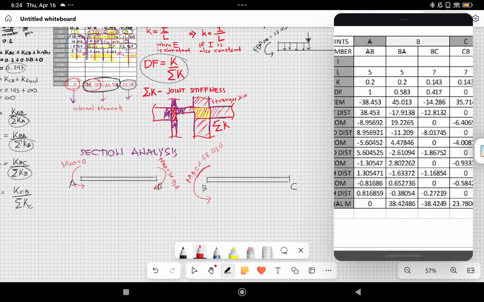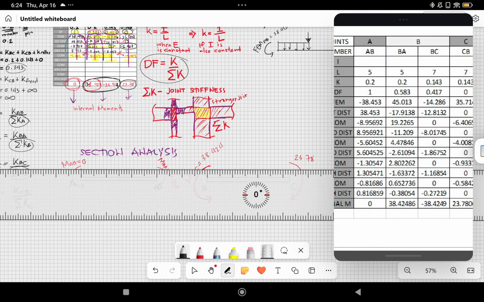Okay, so the negative indicates yung direction na counterclockwise, and then positive sabihin clockwise. Okay, so that is our section analysis, and then yung mga load siyempre reflect natin.